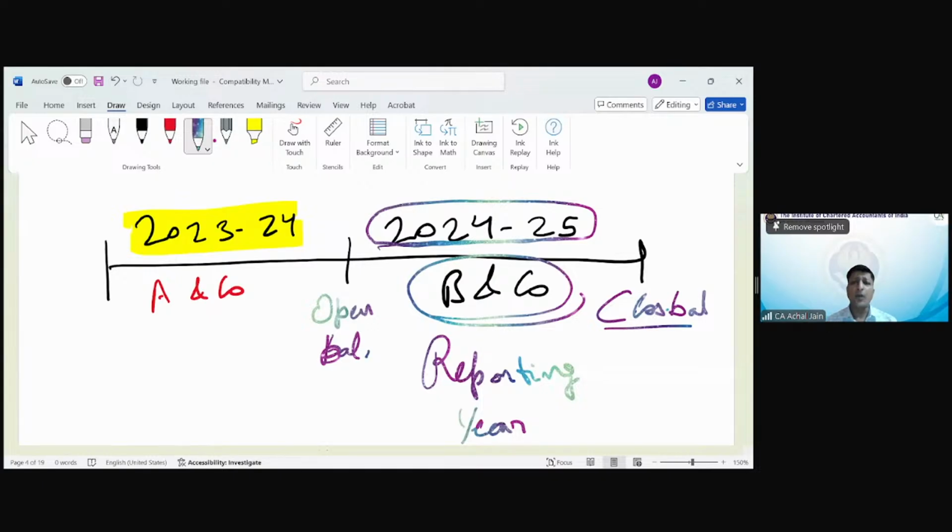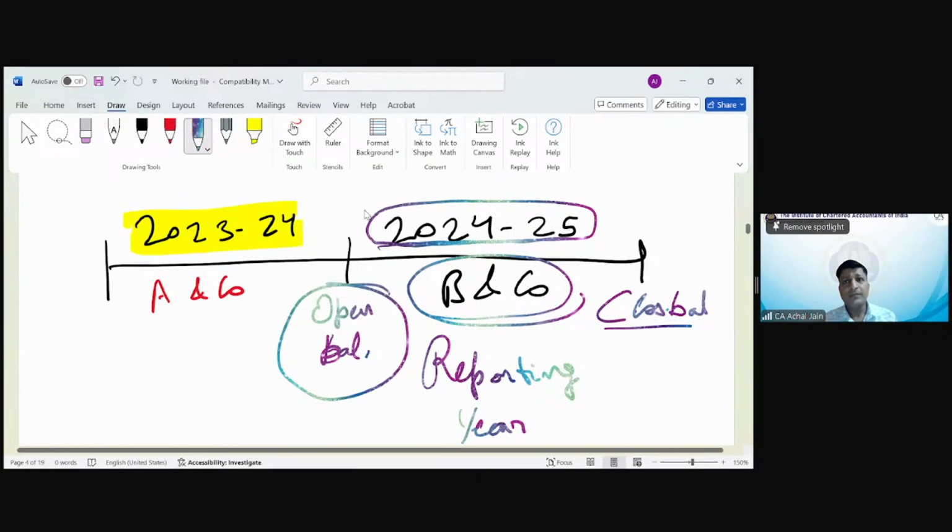They are not detailed audit procedures because some samples will have to be selected. Okay, some sort of rationalization, some sort of analytical procedures have to be performed to get comfort over these opening balances. So this is what you are required to do in respect of audit of opening balances. So this is what the standard focuses upon. Clear?